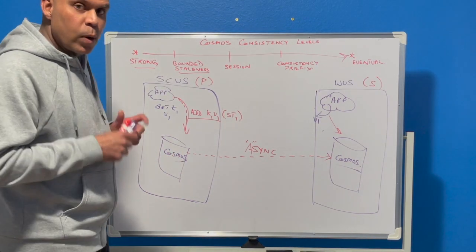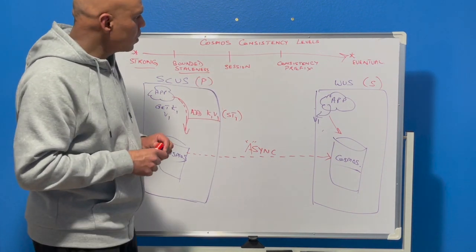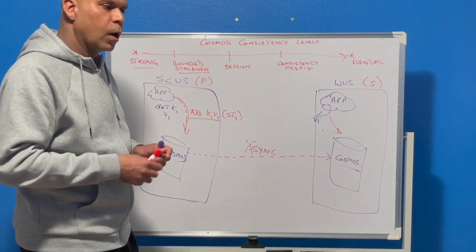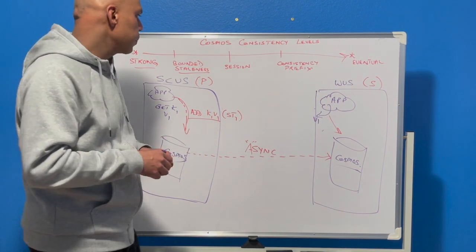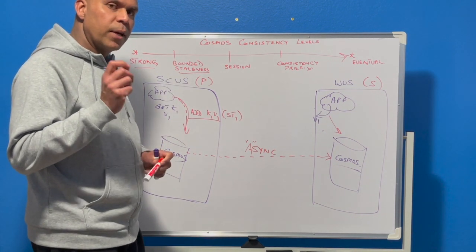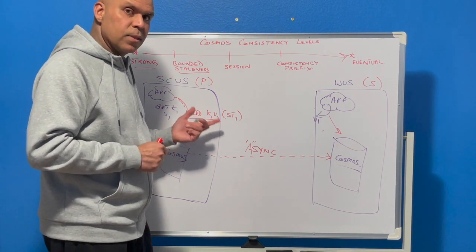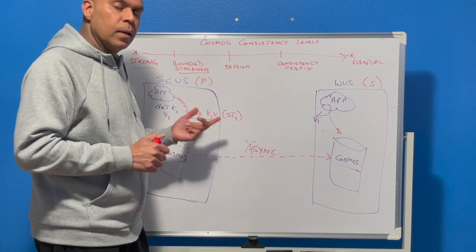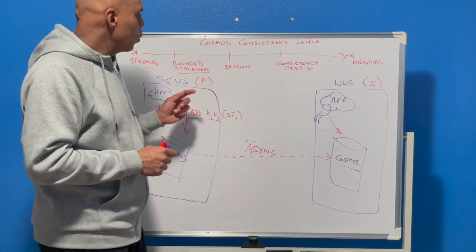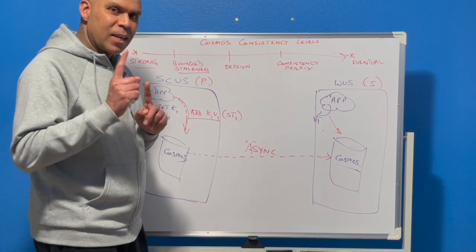Okay, so now let's take a look at session consistency. As I said earlier, session consistency is the default consistency level that comes out of the box when you provision a Cosmos account. Session consistency is very unique because your writer is guaranteed to be able to read the latest write as long as you read with a session token. That's interesting, right?